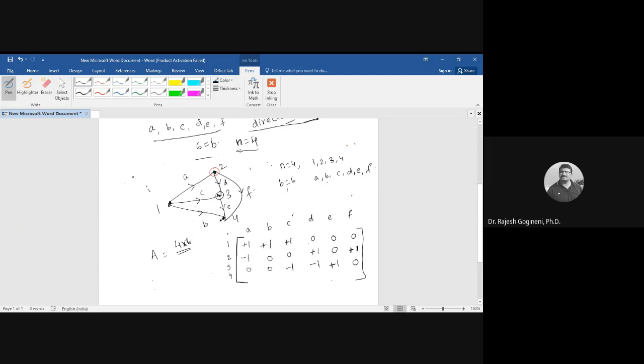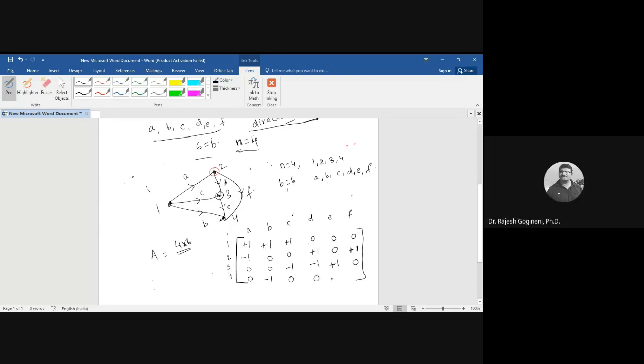Next, node 4. Is A incident on node 4? No, so 0. Is B incident on node 4? Yes, it is approaching, so the entry is -1. C? No, so 0. D? 0.